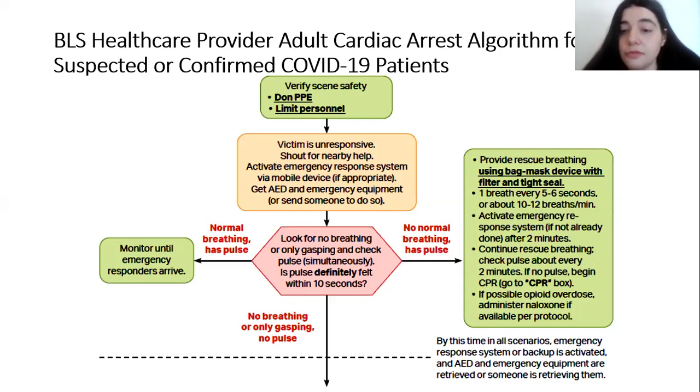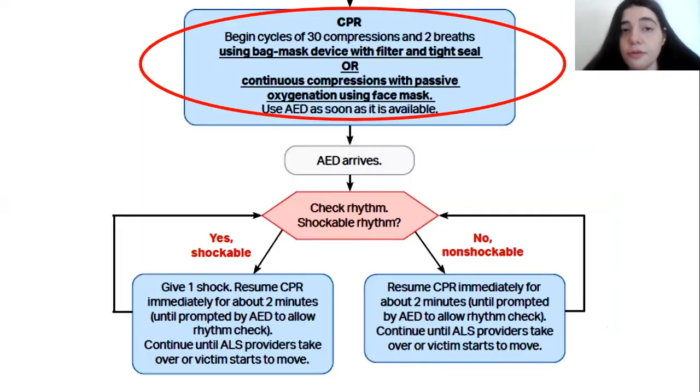And if no pulse, you have to start CPR. Begin cycles of 30 compressions and 2 breaths using a bag mask device with filter and tight seal, or continuous compressions with passive oxygenation using a face mask, and use the external defibrillator when it is available.